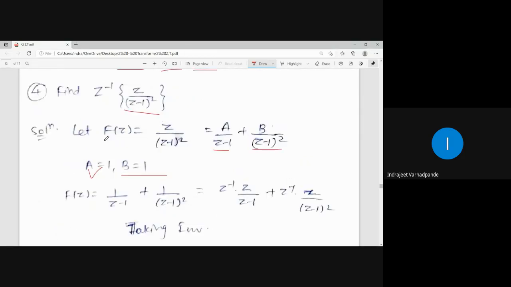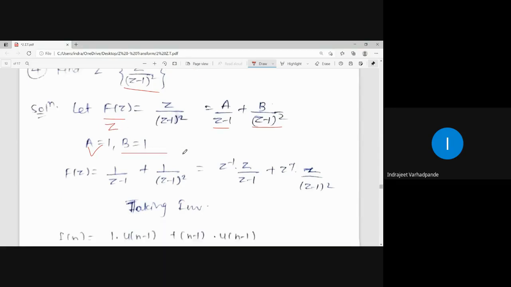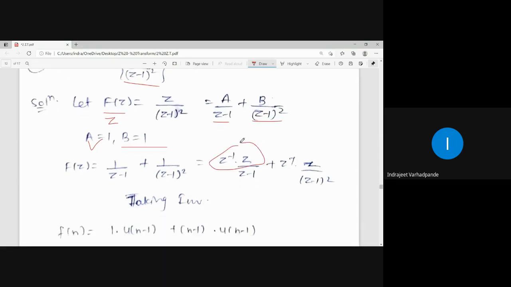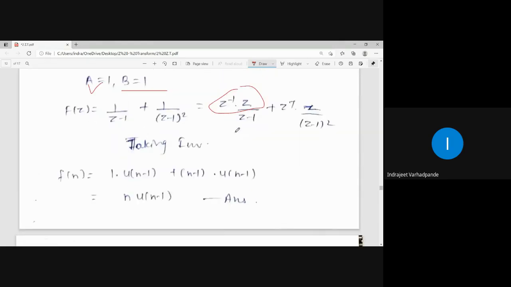Is it possible to take z common here? So I would take it as f of z upon z. If not done that way, introduce z and to cancel it z to the power minus 1. So take the answer of z upon z minus 1 and the answer of z upon z minus 1 whole square, accordingly take the inverse, replace n with n minus 1 and find out the answer.